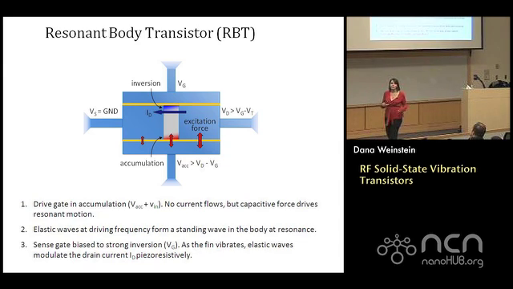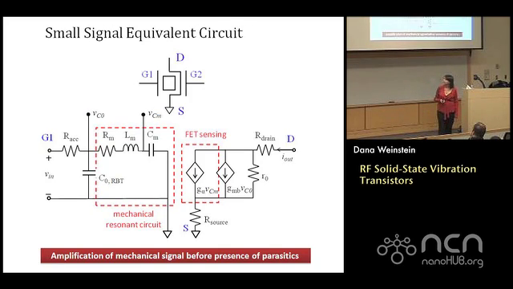So what I can get out is a modulated drain current at the output of the transistor, which has a mechanical response. So what I've done is decoupled my input drive from my output sensing in a new way.